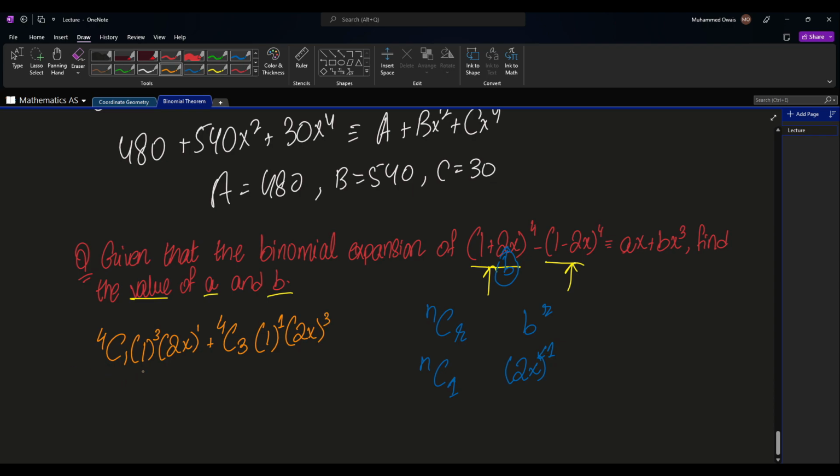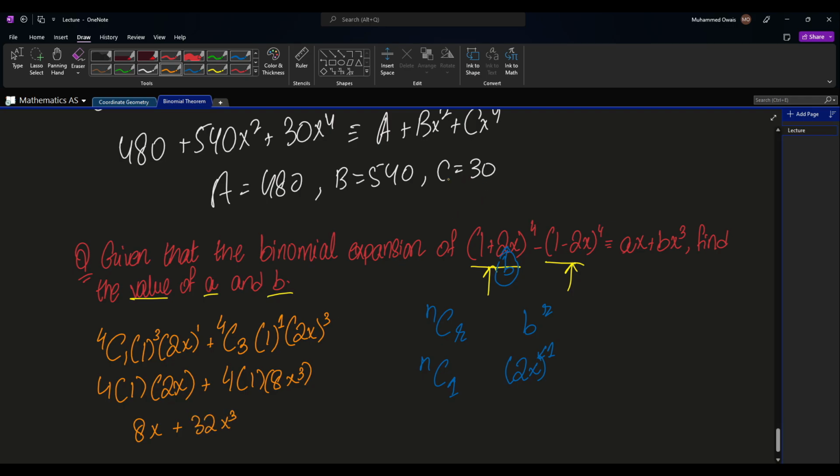This gives us 4 into 1 into 2x plus 4C3, which is 4 into 1 into 2 power 3, is 8x cube. Alright, now this gives us 8x plus 8 into 4 is 32, therefore 32x cube.